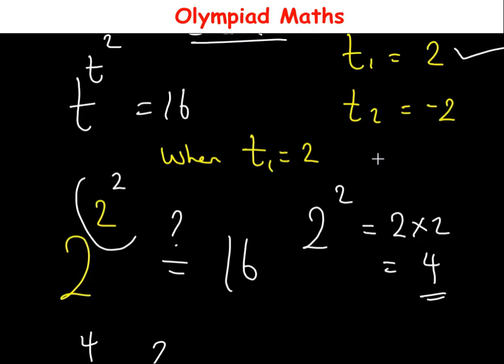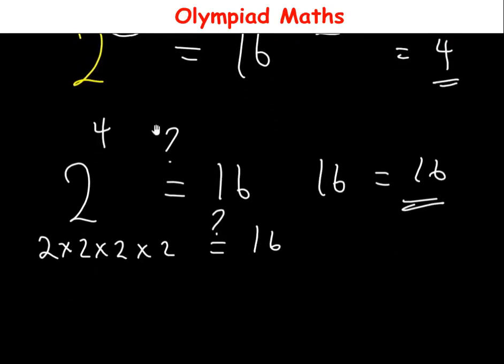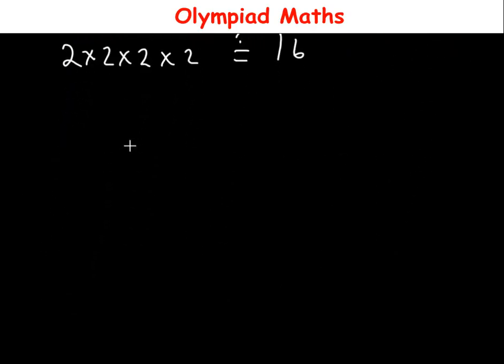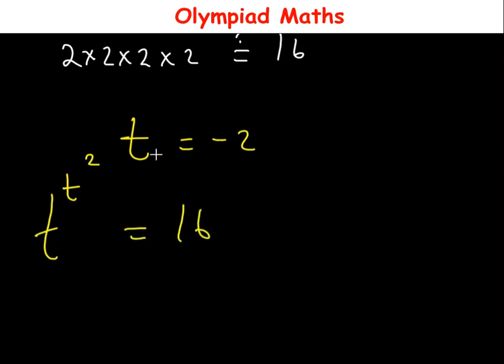Now let's check for the other value of t, which equals minus 2. So when t equals minus 2, the question is t raised to power (t raised to power 2) equal to 16. Inputting the value of t2 as minus 2 into this, t becomes, in bracket, minus 2, right?